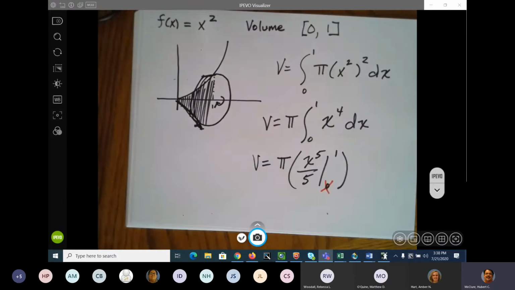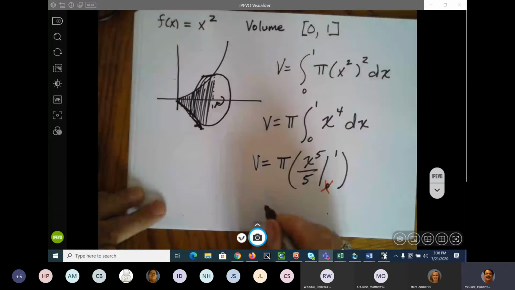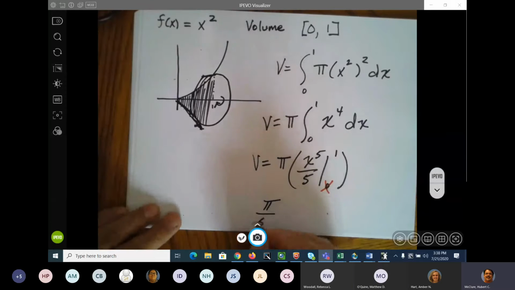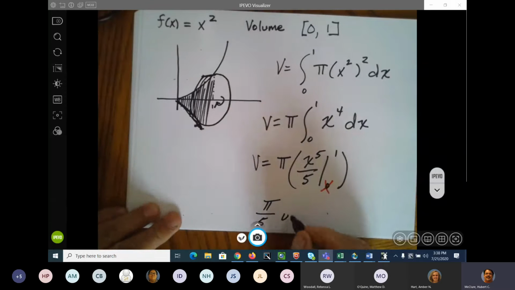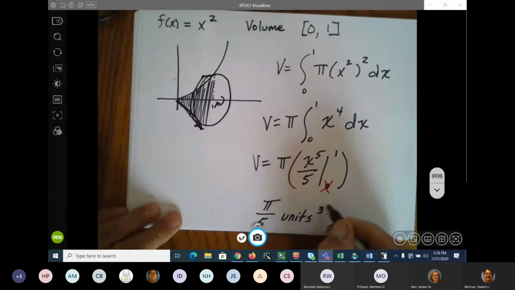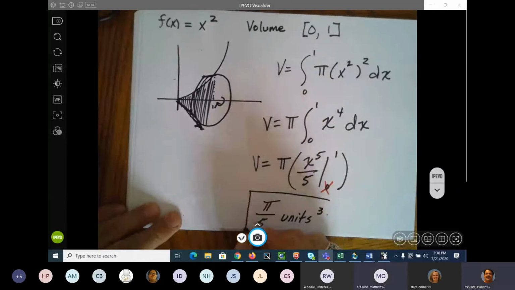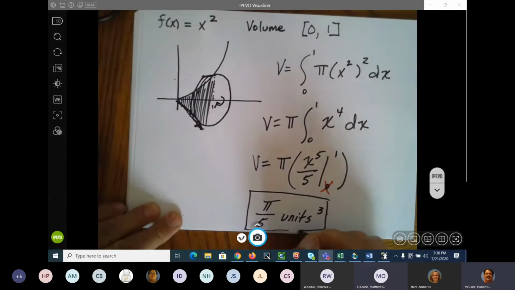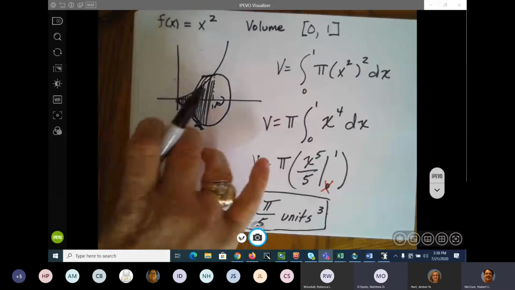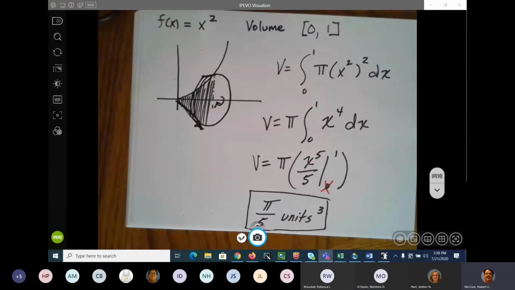So that's going to give you 1/5, and that's going to leave you with pi over 5. What kind of units? Cubed. That is a test question, and that is what I will test you on: how to find the volume of that function.